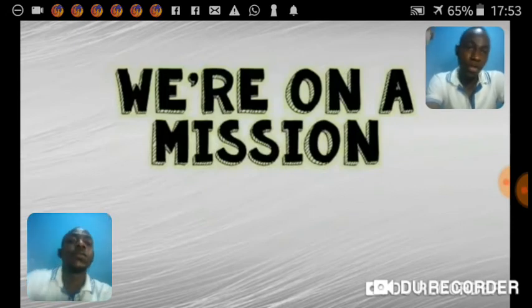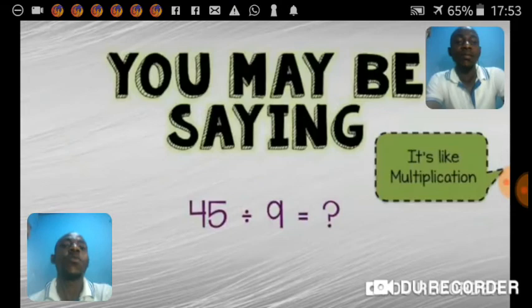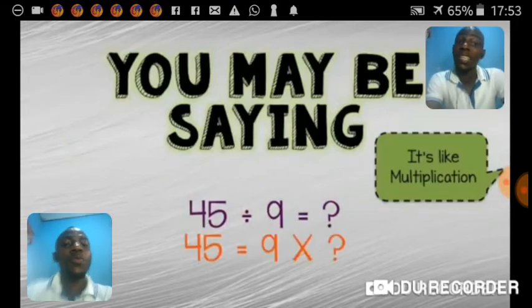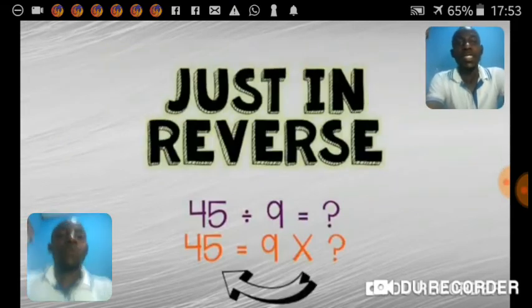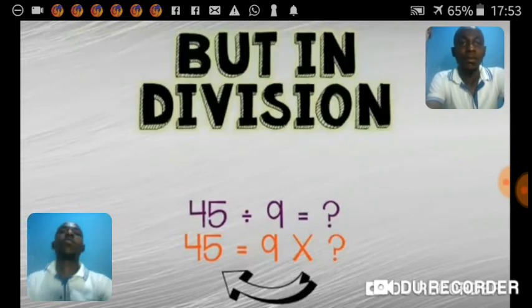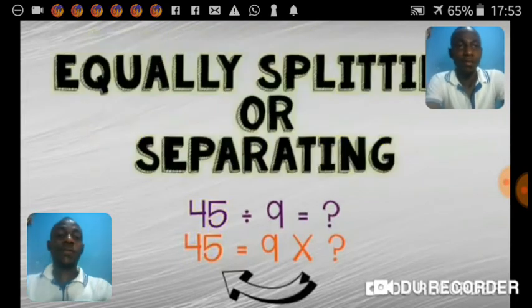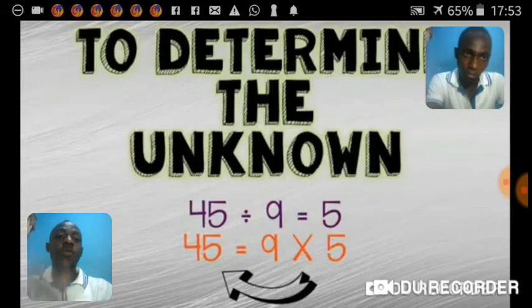We're on Mission. We're starring that division. You may be saying It's like multiplication. just in Reverse. reverse, that's 'cause they're inverse. Operations, but in division. We know that the total's given, equally splitting or separating to determine the Unknown.